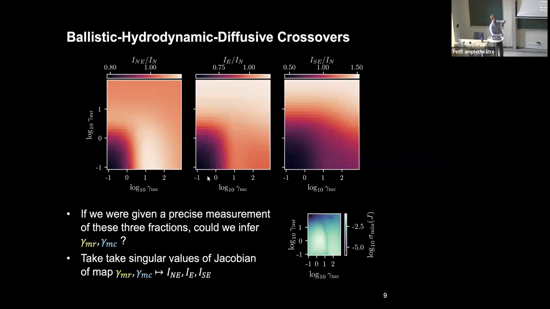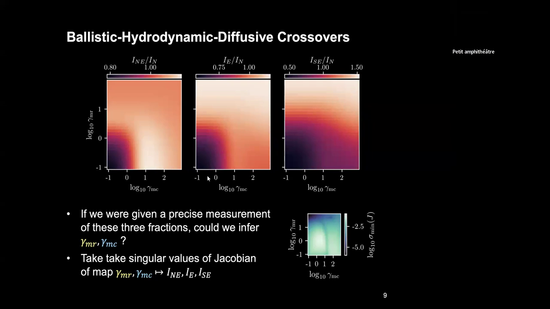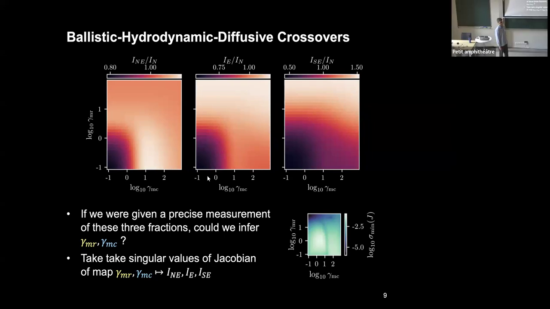Should I move on? Oh, Marvin? Maybe I didn't understand how complicated this inverse problem is, but just based on what you said, if you measure these different fractions, could you not just do the reverse of what you said? Yeah, qualitatively, it should be very straightforward to delineate which regime you're in.